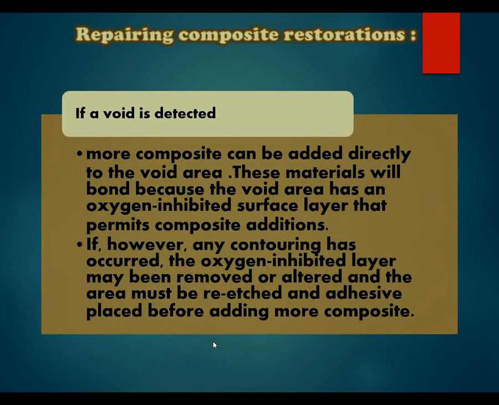These materials will bond because the void area has an oxygen inhibited surface layer that permits composite addition. If, however, any contouring has occurred, the oxygen inhibited layer may be removed and altered, and the area must be re-etched and adhesive is placed before adding more composite.